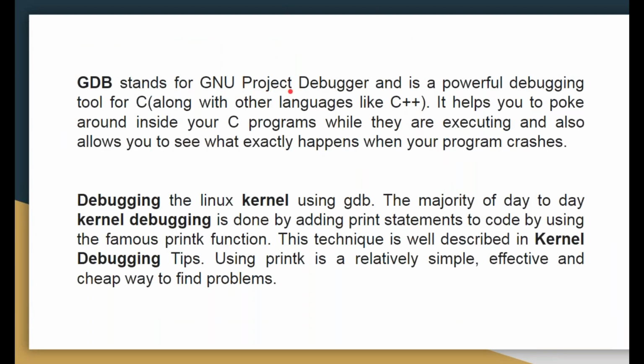The GNU Project Debugger, commonly known as GDB, allows us to sneak through the code. You can check the code and see what a program is trying to do at the moment before it crashes. For example, if your program crashes, before that you can check what kind of problems the system faces.